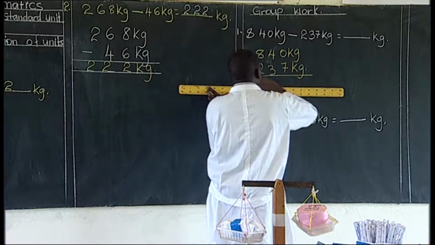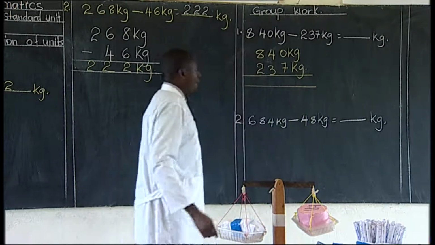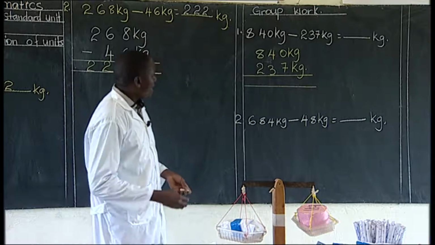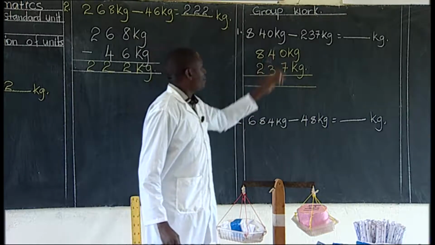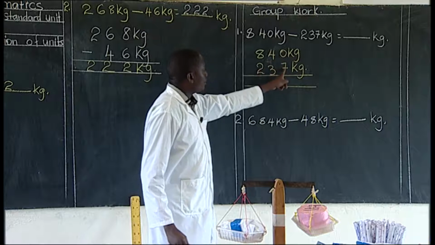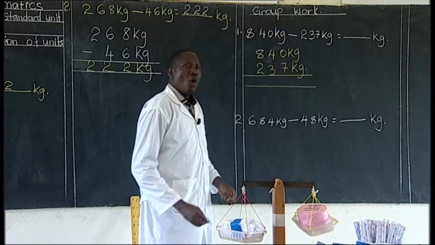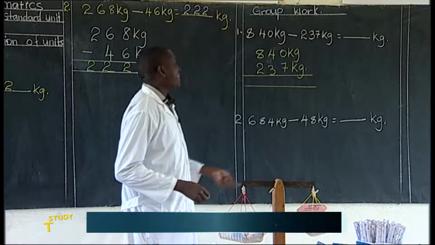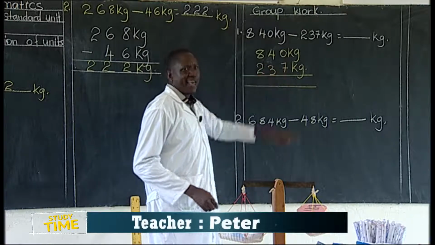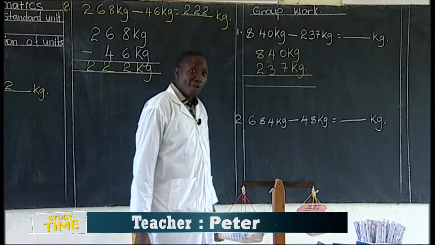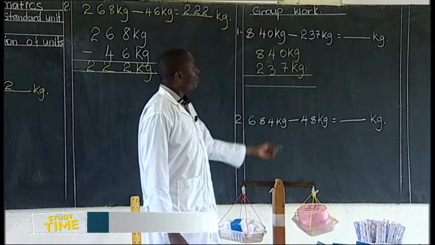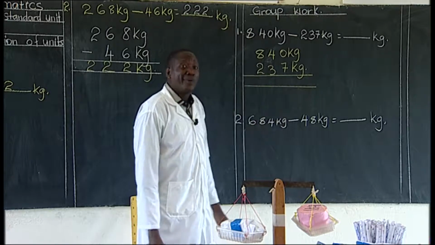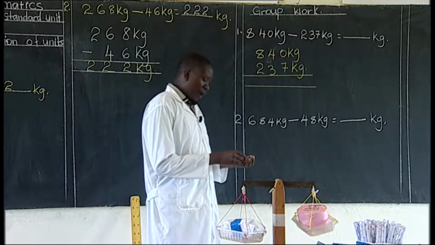Put the lines properly, and we are going to subtract. Now, let's begin from here. 0 take away 7. What shall we get? Of course, this is 0, this is 7. It is impossible. We cannot subtract 7 from 0. It is impossible. What will I do?